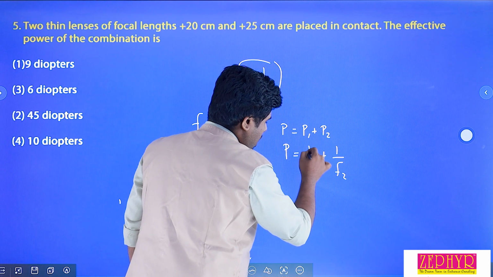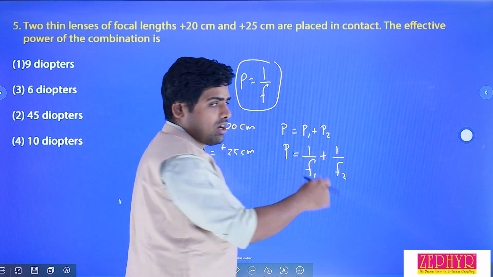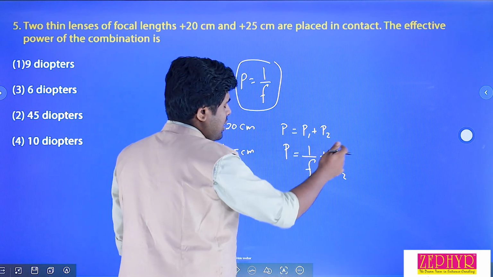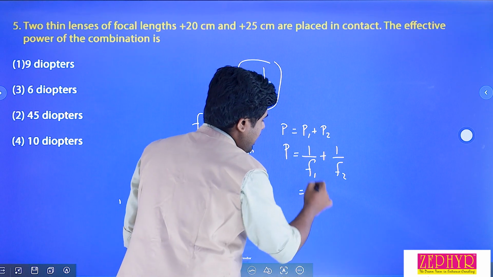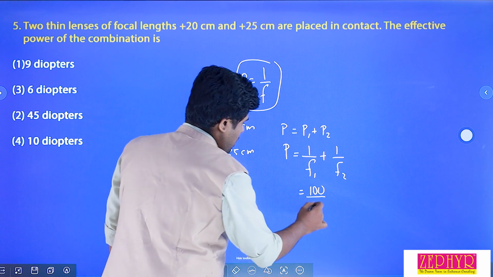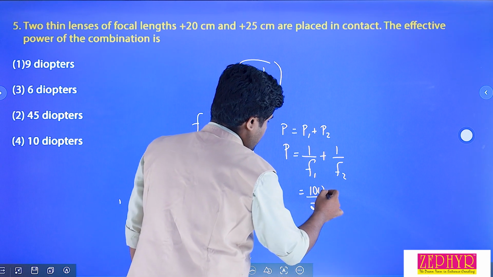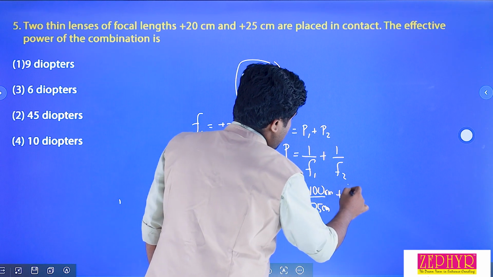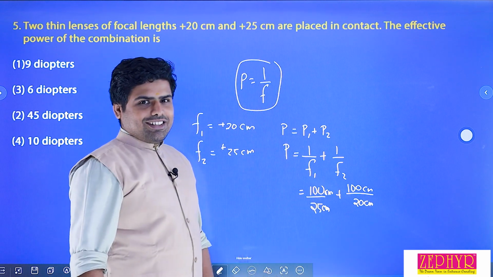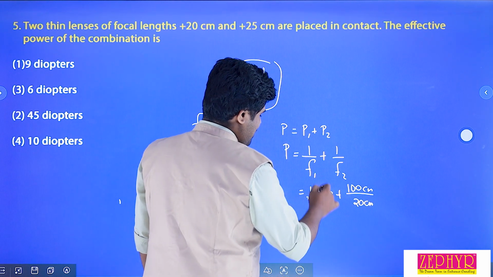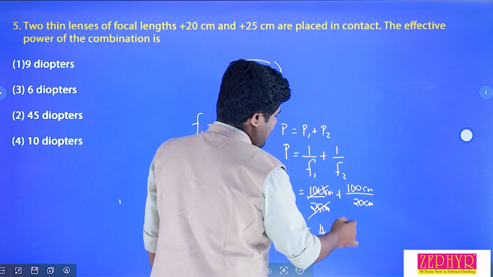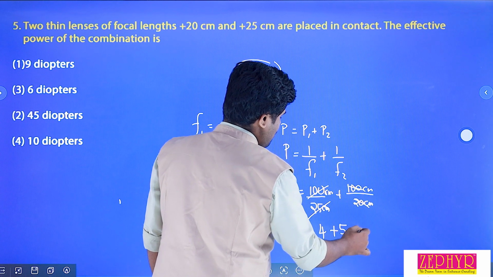I use 1 meter divided by focal length in meter, but here the values are in centimeter, therefore I change the equation: 100 centimeter means 1 meter. Then 100 centimeter divided by 25 centimeter plus 100 centimeter divided by 20 centimeter. So this is equal to 4 plus 5, so the answer is 9.